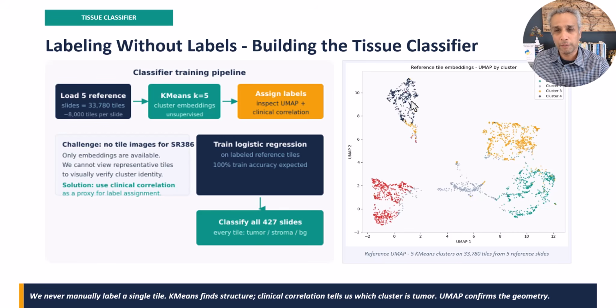Now we are going to use a proxy. That's the only caveat I want to give you before jumping in with this approach. Yeah, we are flying a bit blind, and I want to be upfront about that. And along the same lines, a cluster with near zero clinical correlation is most likely the background, right? And the remaining clusters with negative or neutral correlations are stroma. That's my assumption going forward.